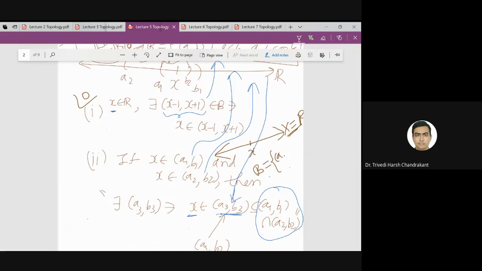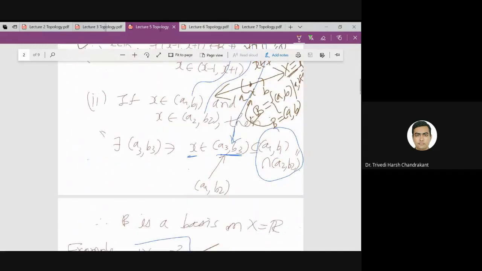We will consider all the open intervals. We know that for each real number x, I can always find an interval around it. So this interval (a, b) is an element of this family. So small b equals (a, b). I can always find a b such that x belongs to b, which is an element of this family, for every x in the given set X. Here capital X is R. So this is the first property.